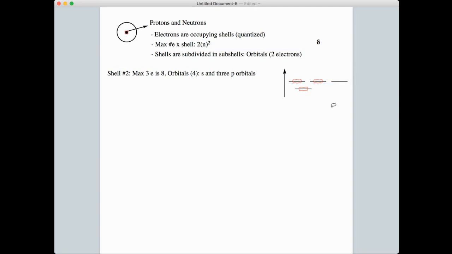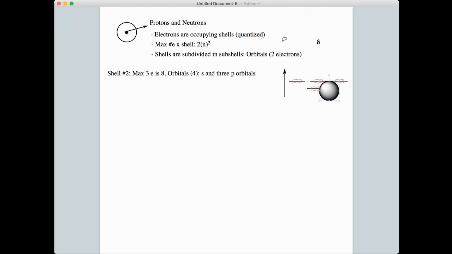So 3 p orbitals having the same energy, they are degenerate orbitals, and I'll type it on the chat just in case. That means that they have the same energy level. And slightly below, we have the s orbital. We also discussed, and I am repeating this because of how relevant it is for the class, okay?